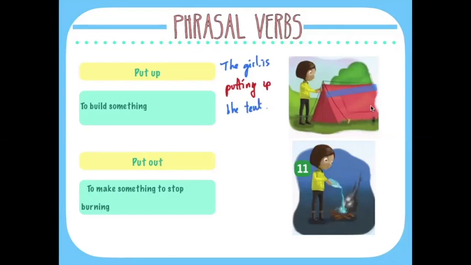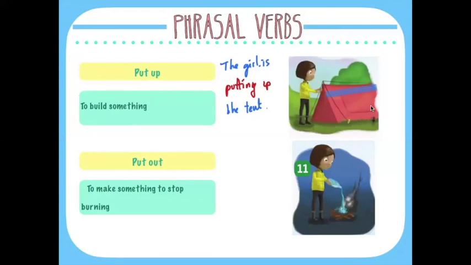Very good. But for example, put out, you think this is the opposite of put up, but it's not the same, because put out is to make something stop burning. So it's completely different. I know that sometimes it's frustrating when you are studying phrasal verbs, but it is what it is, okay? The girl is taking a bottle of water and sprays the water on a campfire, for example.